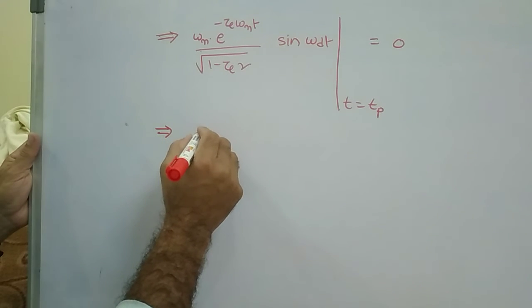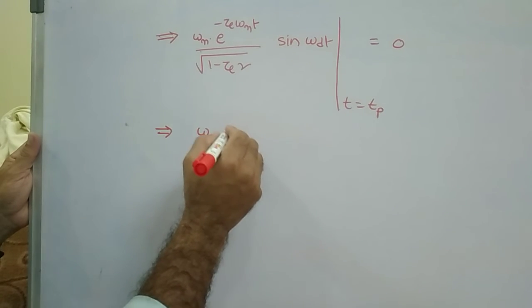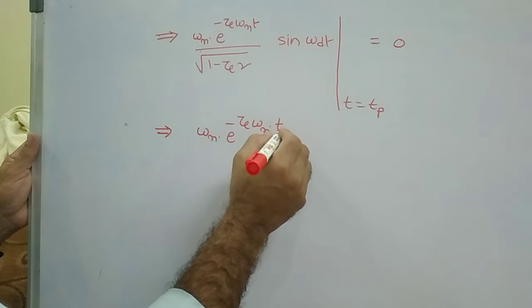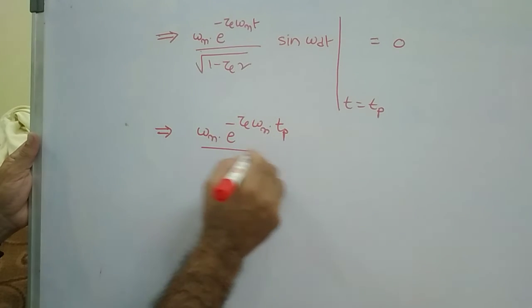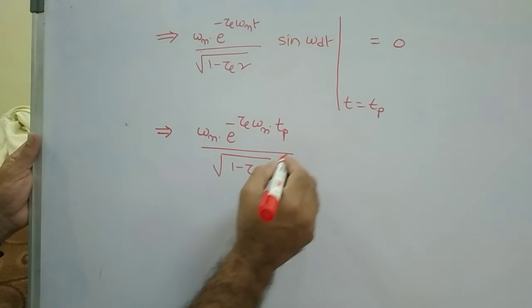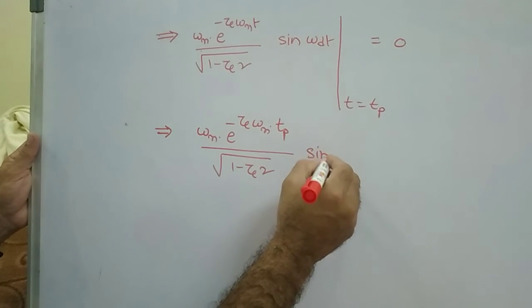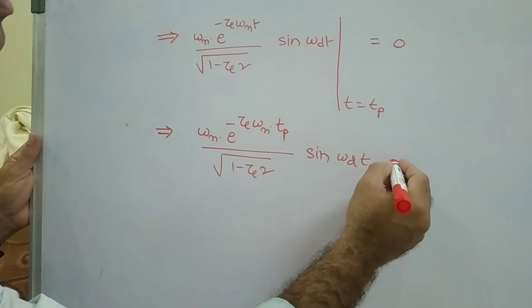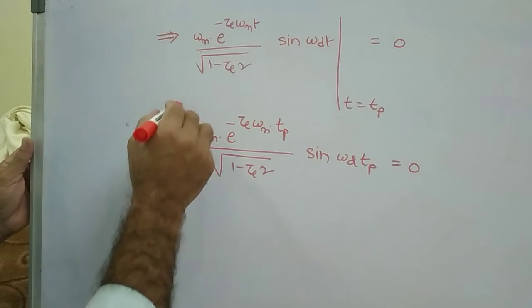That means omega n e power minus zeta omega n tp by square root of 1 minus zeta square into sin of omega d tp equal to 0.